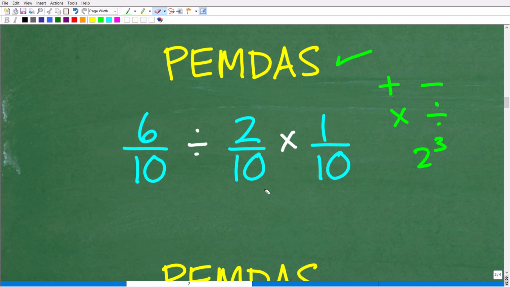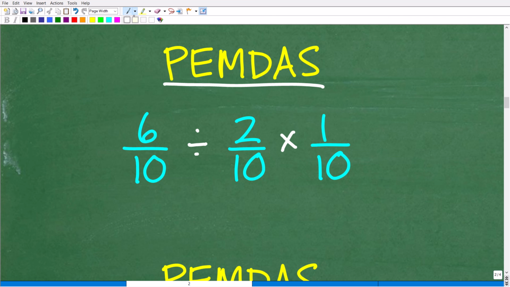Now, we have to ask ourselves, well, which order is correct? Well, again, we need to understand the order of operations. And this little acronym here, PEMDAS, is a fantastic way to remember the order of operations. And of course, these letters stand for something. So let me go ahead and explain this real quick. And then, of course, we'll know which we should do first. Should we do the division first, or should we do the multiplication first?